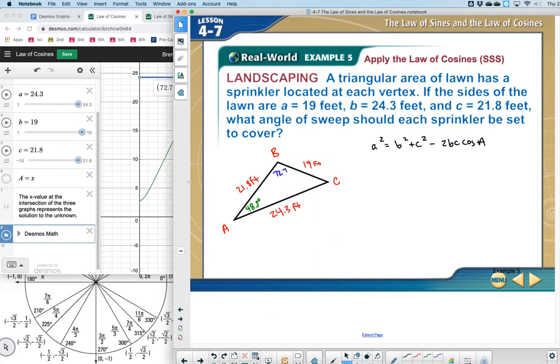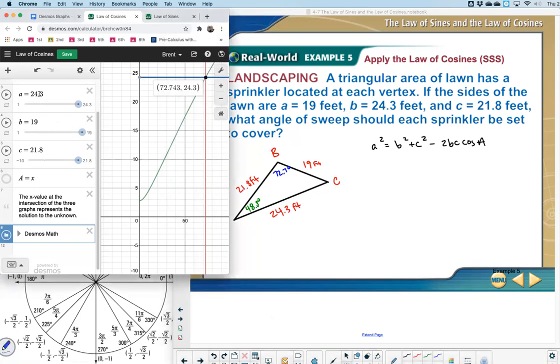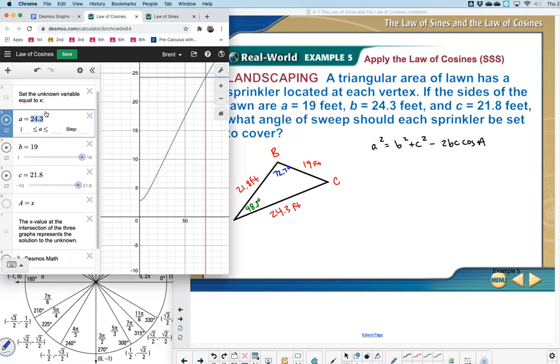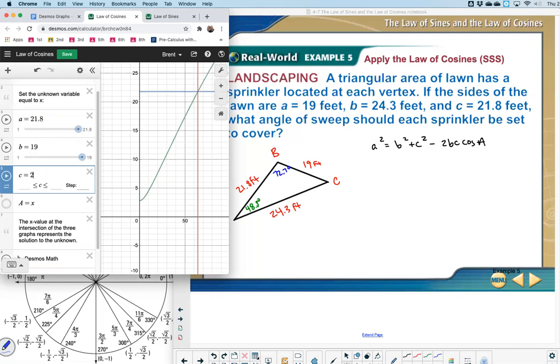If I did it one more time and wanted to find angle C, I need to put the 21.8 in place of A. So 21.8 goes here, which means 24.3 needs to go there.